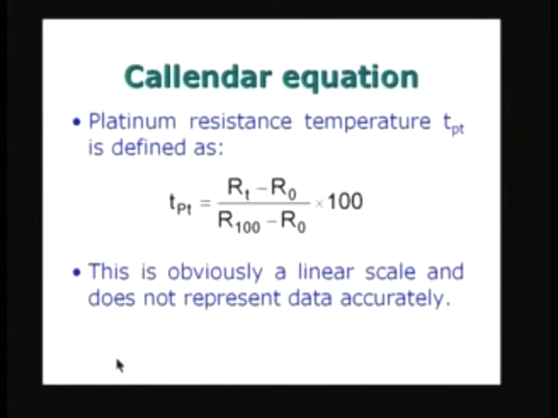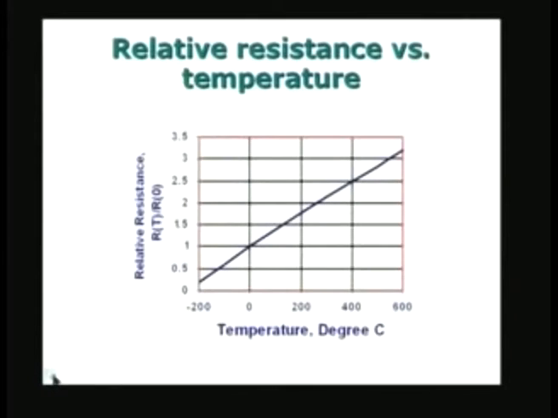And what I will do now is to slightly digress, and if you go back to the response, relative resistance of temperature, if you look at this curve, it is almost a straight line, but really not. There is slight non-linearity. So, what we would like to do is to see how to take care of this non-linearity.